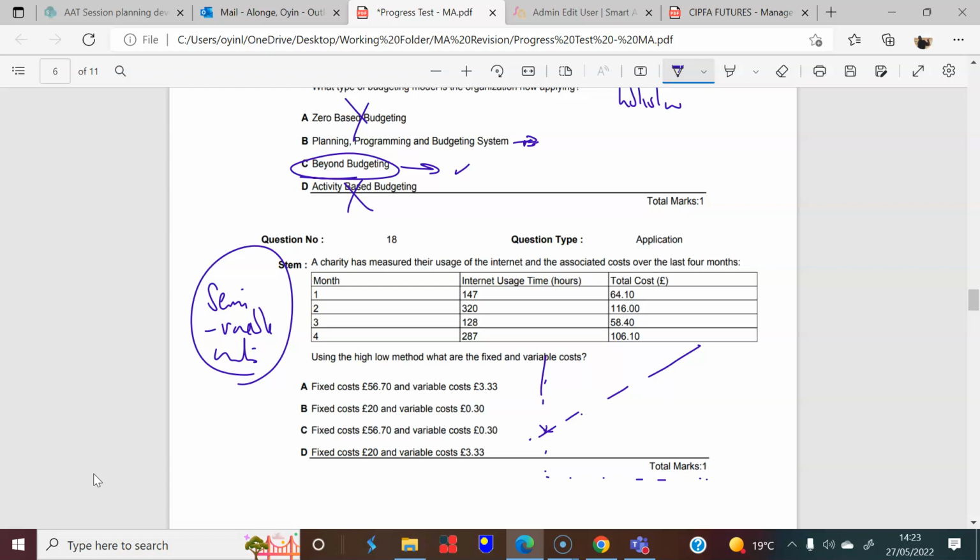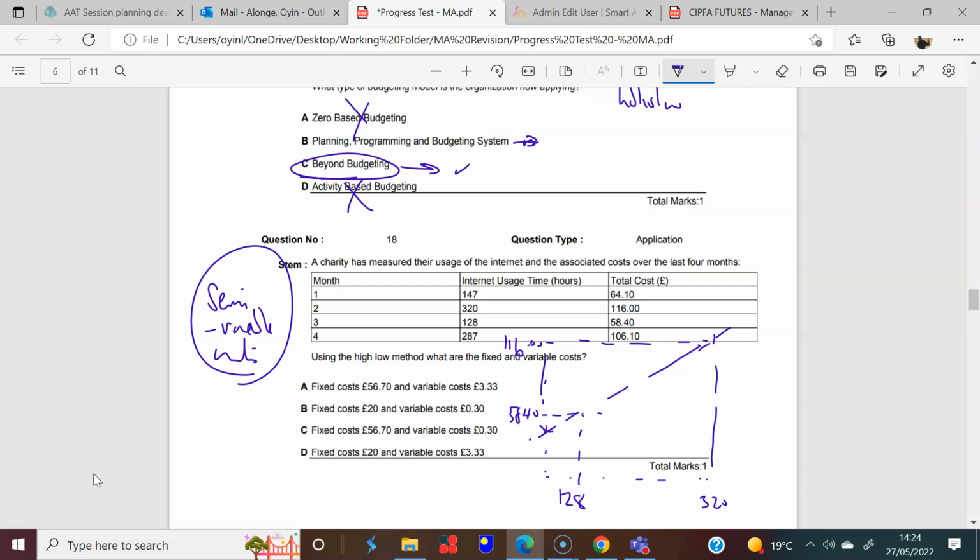So we almost create a bit of an extrapolation, or a trend, and we say, what is the lowest here? That's 128. And what is the highest here? We have 320. And we find their corresponding costs. So we have £58.40 here, and we have £116 here. So what we're trying to find out is how does cost increase with every hour of usage.